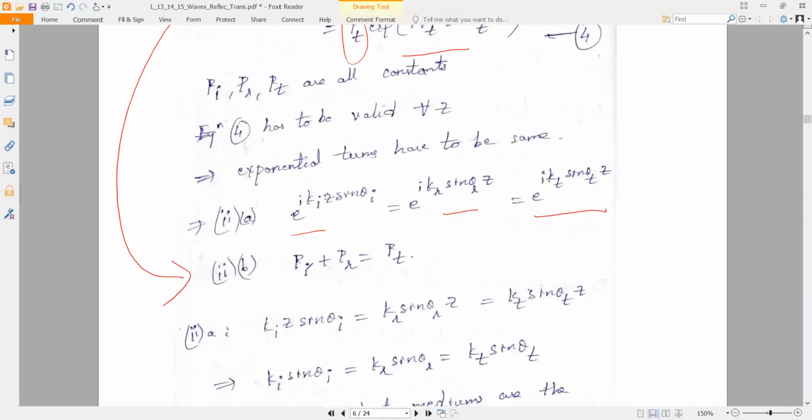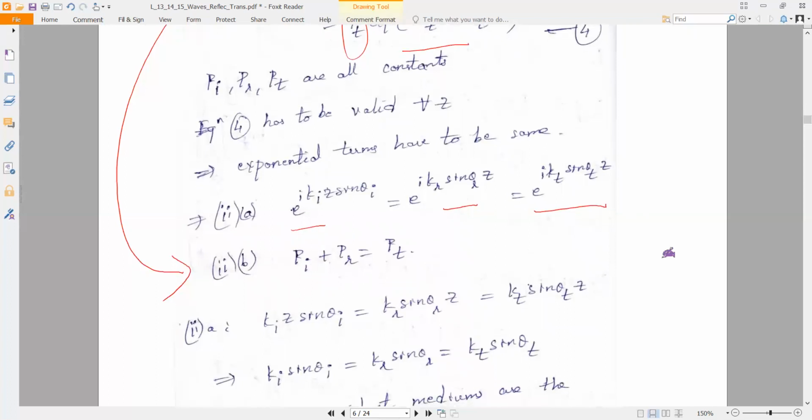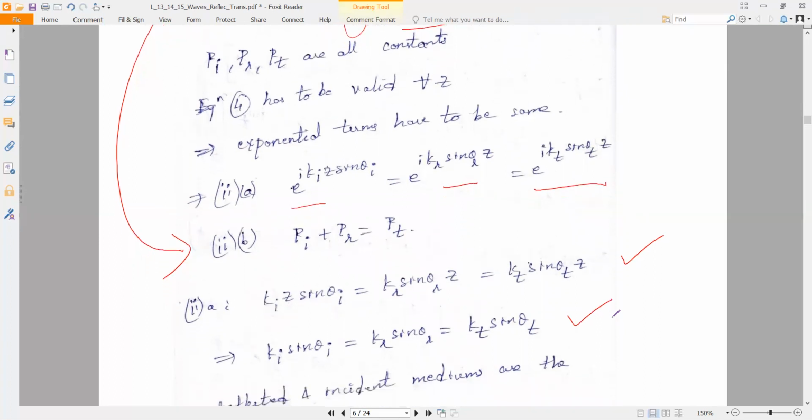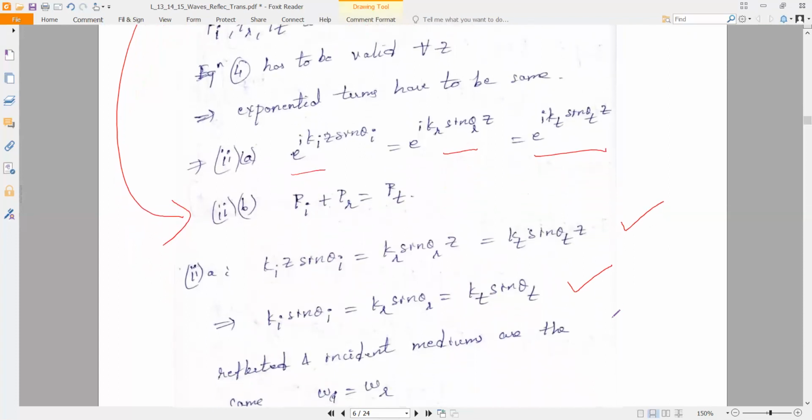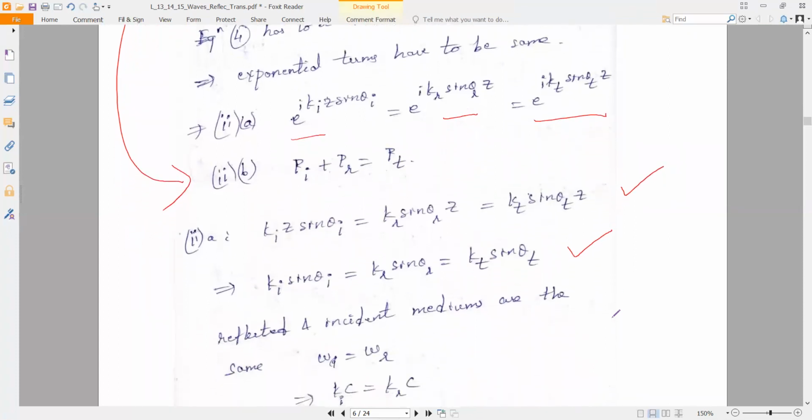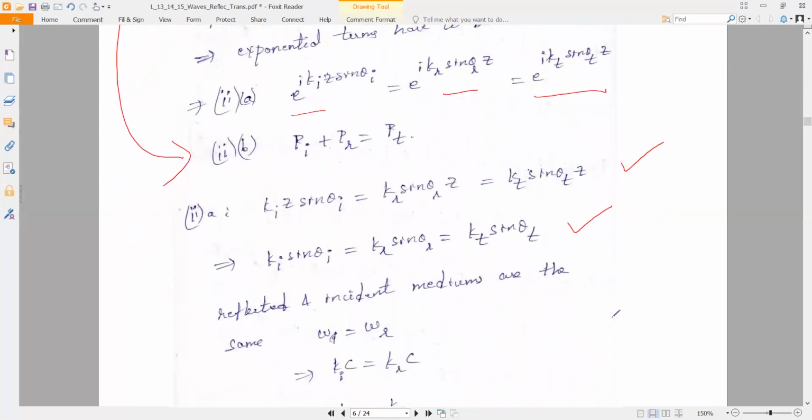So setting the phase to be the same leads to this particular equation. And as z is common, I am removing z, which leads me to this particular equation. And now I will use my phase velocity concept. I will try to write k in terms of omega and c.